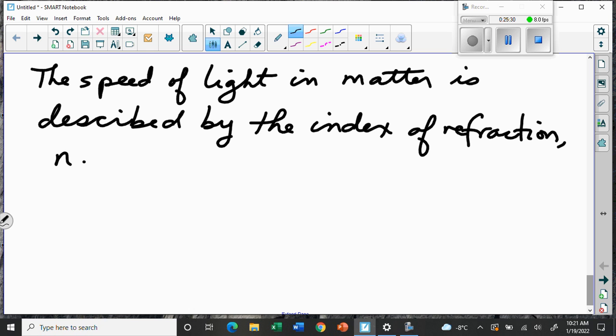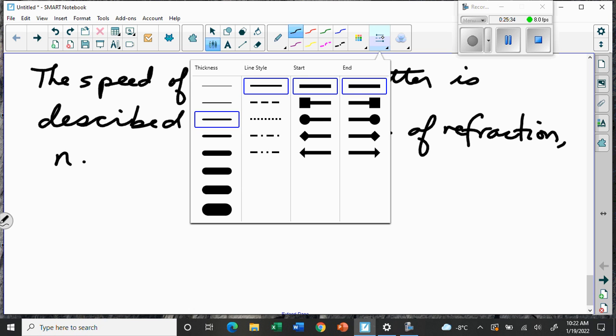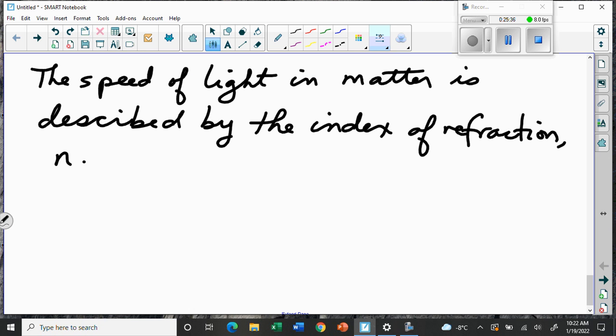What we do is we say that n, which is the index of refraction, is a comparison of two things. Now remember, in mathematics, compared to is translated into division. When we do divisions or fractions in mathematics, that's how we do comparing, right? That's how comparing works. So we're going to create a fraction.